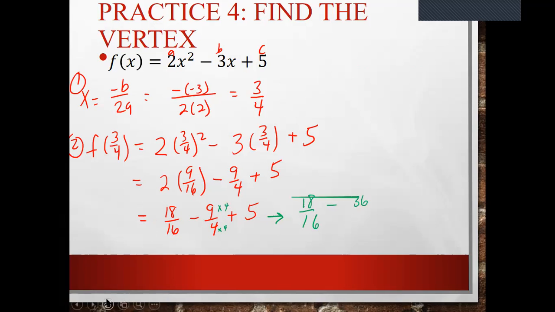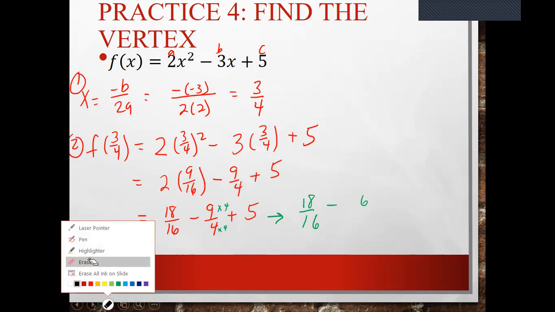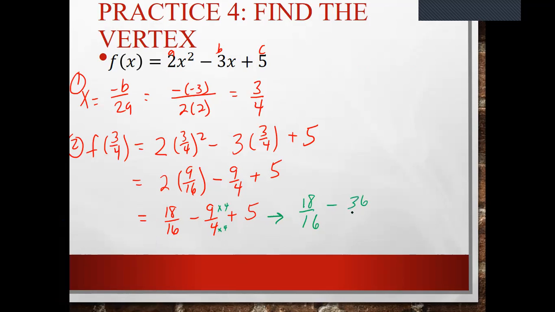Oh my gosh. Guys, my pen is not liking me today. And then 5 over 1 would be times 16. And that gives me 980, right?